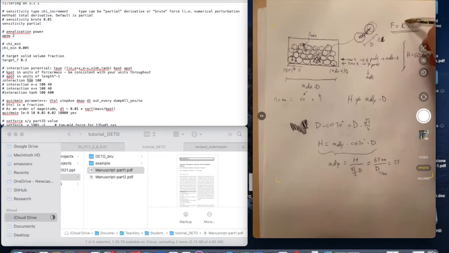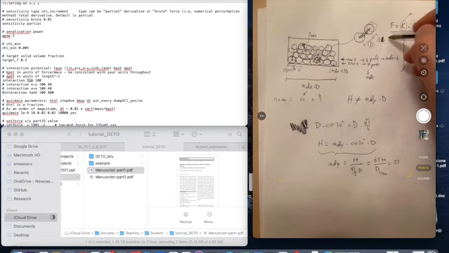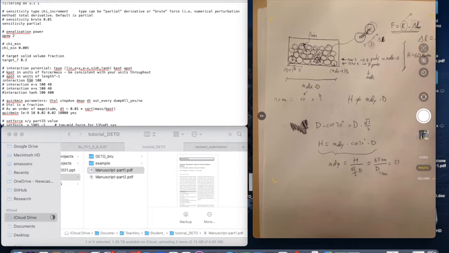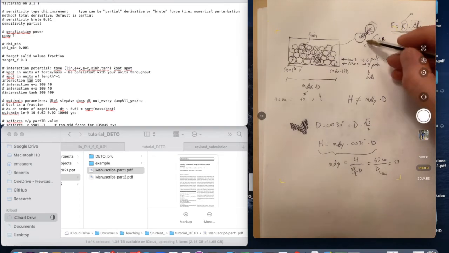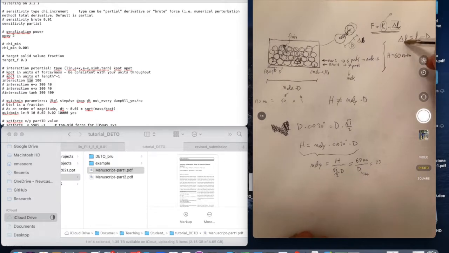Now the parameter that you need to give to the potential is this k here, because the code knows the position of the particle, it knows the initial length, knows the current position, so it can compute the current delta L, delta small l, as the current L, the distance between the particles, minus d, the original length of the spring between them. So by knowing the position of the particles, the code can compute the current delta L. So if the code knows k, it can compute the force. So we need to give this k, which is a parameter of the interaction potential, as an input.